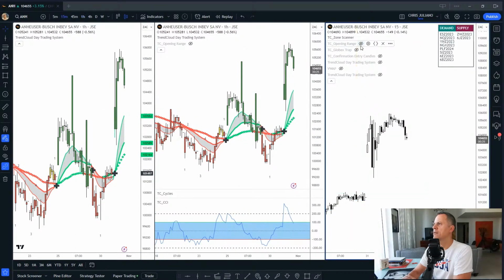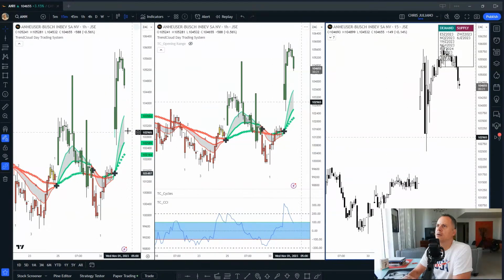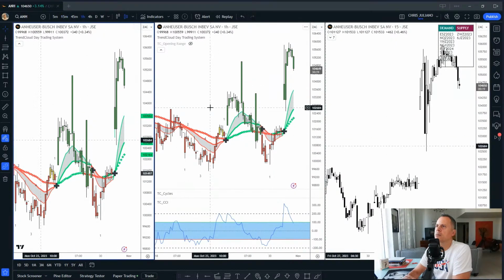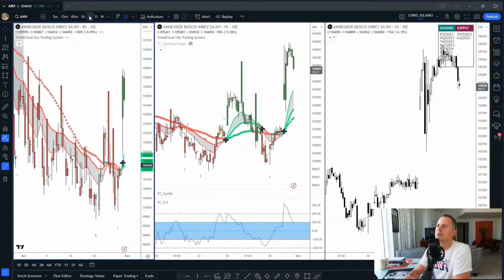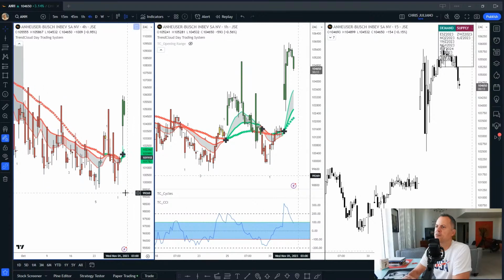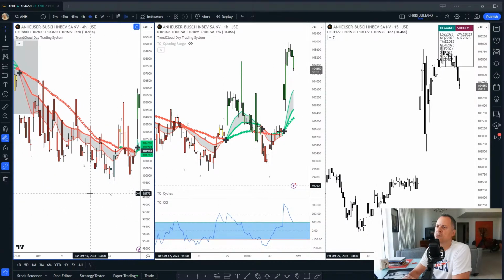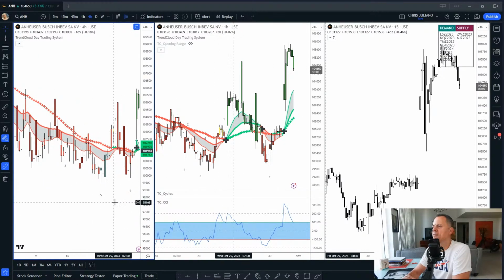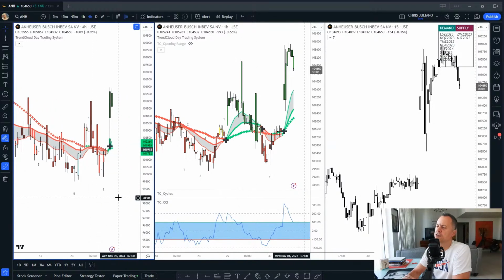Let's get rid of that. Recalculate. 4 hour, 1 hour, 15-minute chart. That's our 3 time frames. That's what Mr. Alexander Elder uses as well. If it's good enough for Alexander Elder, it's good enough for Chris Giuliano.